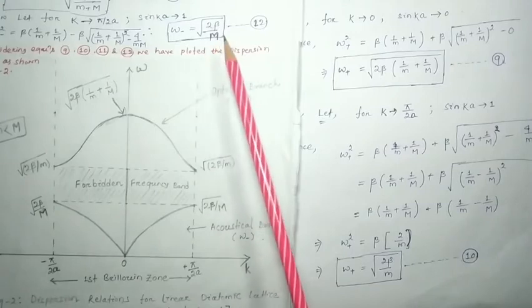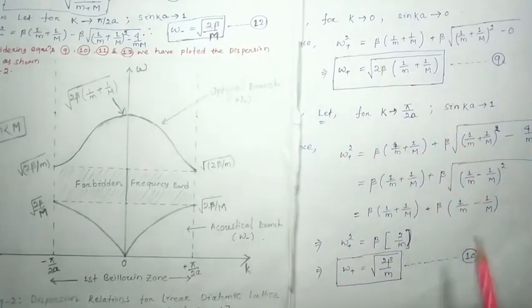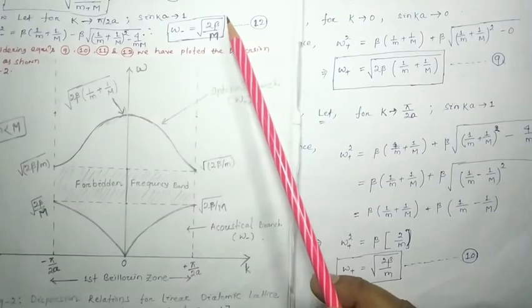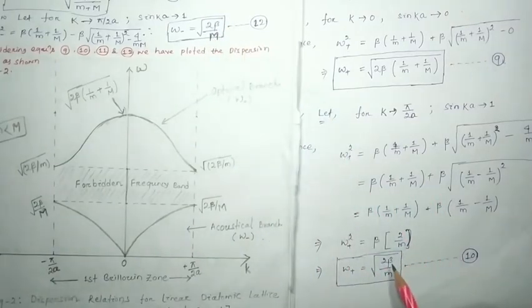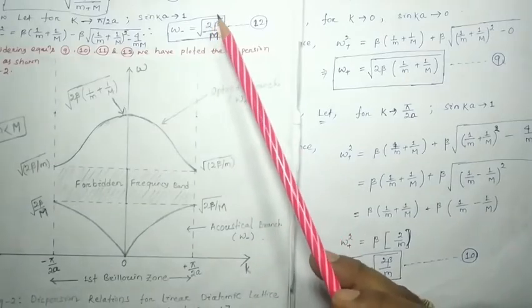So now you compare equation number 12 and equation number 10, we can find this one will be the larger, because in the denominator we have the small mass or lighter mass, and in equation number 12 we have the heavier mass. So obviously this will be the larger and this will be the smaller.